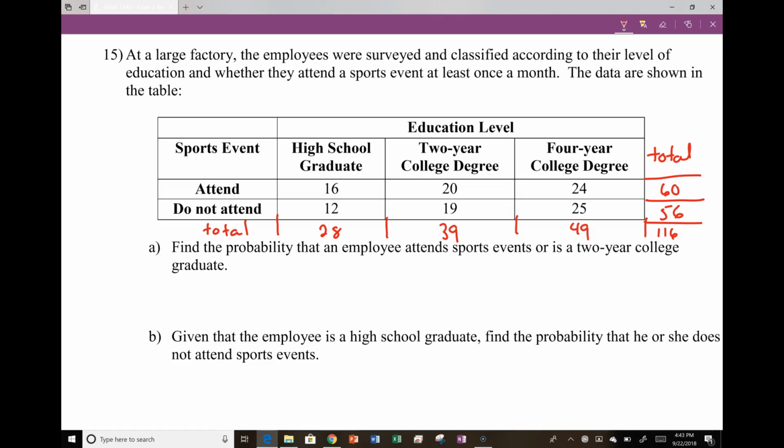So we select one employee at random, find the probability that an employee attends a sports event or is a 2-year college graduate. So the probability that they attend or 2-year degree.